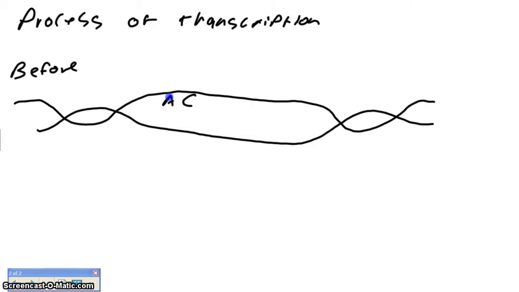We can write A, G, T, C, G, T, C, G, T, A, T, T, T, A, T, T. If you want to, pause it and practice our base pairing rules. So check yourself: T, C, A, G, C, A, T, A, like that. Okay, so that's what we start with.